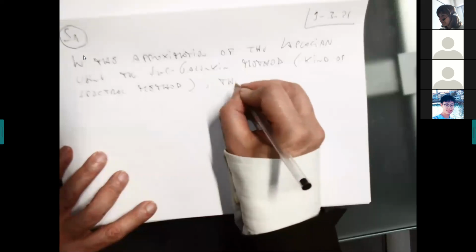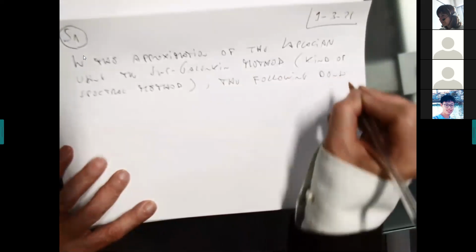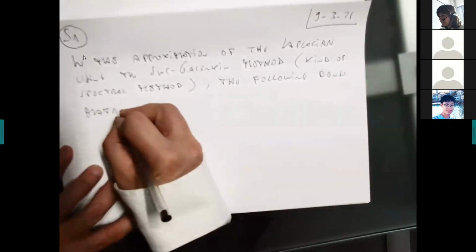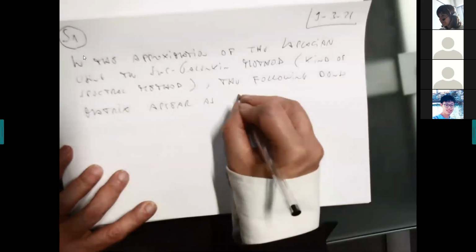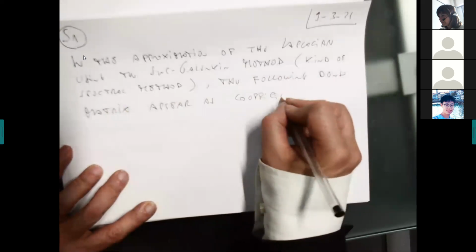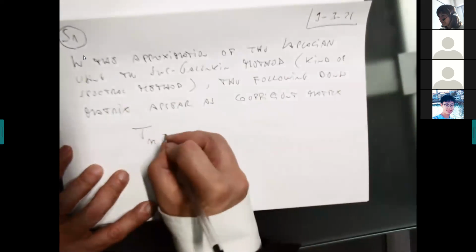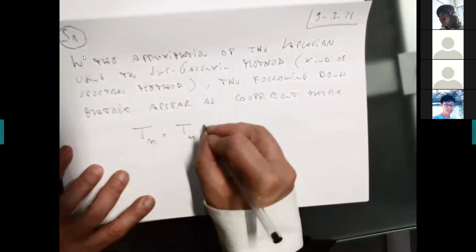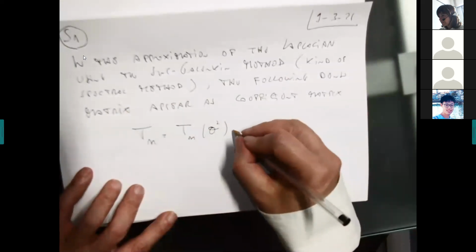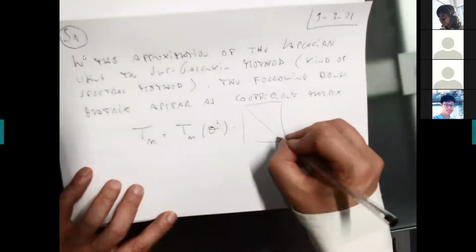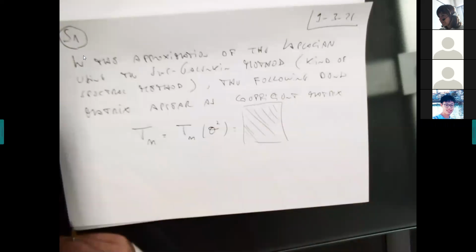The following dense matrix appears as coefficient matrix. It is of Toeplitz type and is the Toeplitz matrix generated by theta square. Okay, so this is a kind of dense matrix because theta square is not a trigonometric polynomial, so all the Fourier coefficients appear.